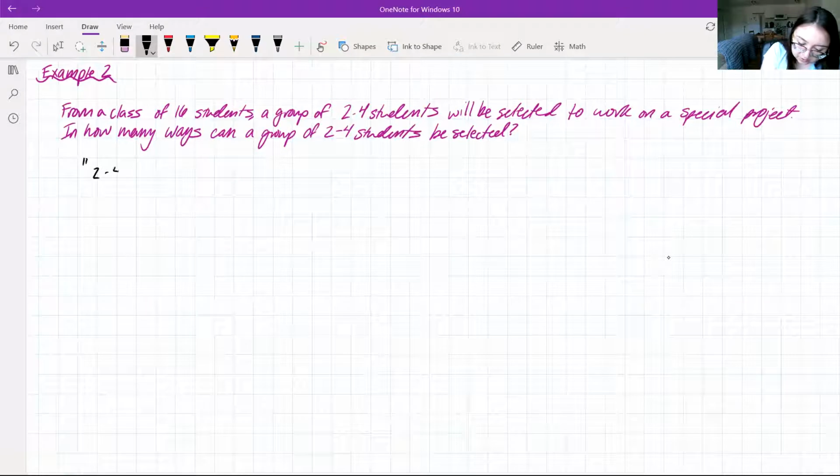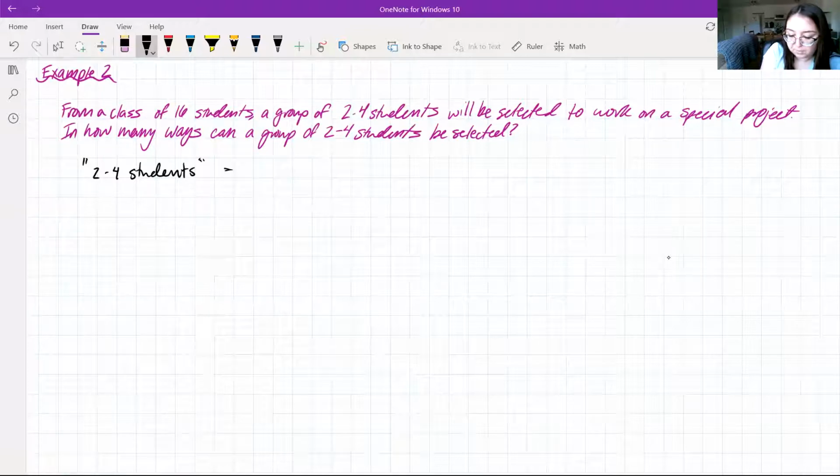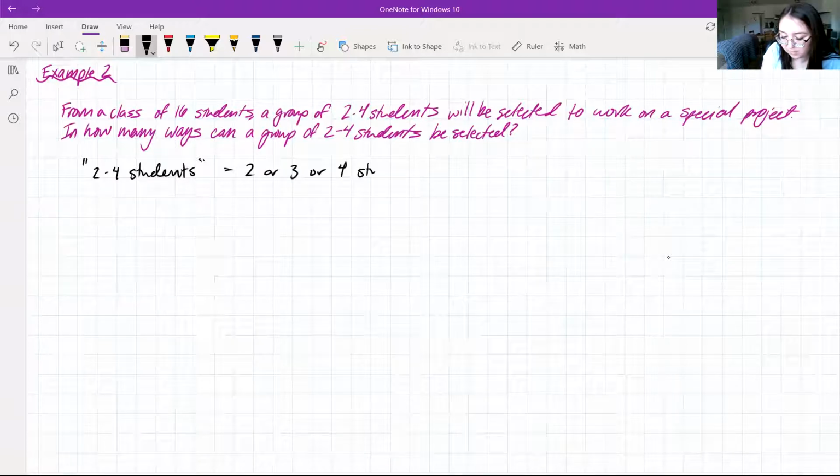we know 2 to 4 students is equal to 2 or 3 or 4 students.